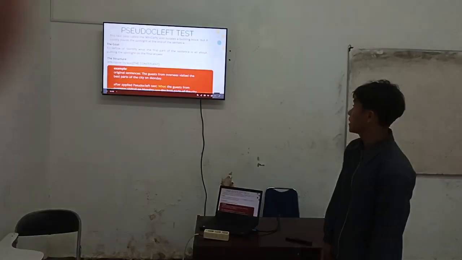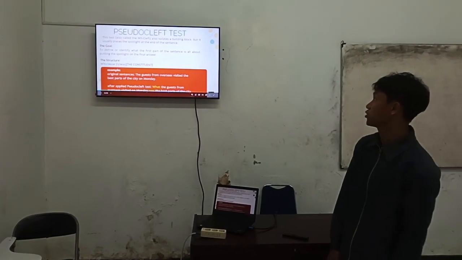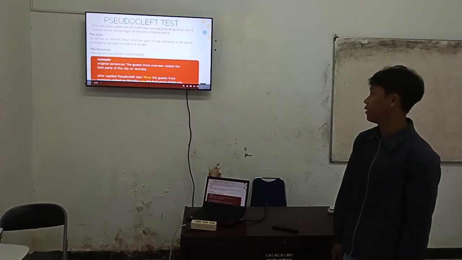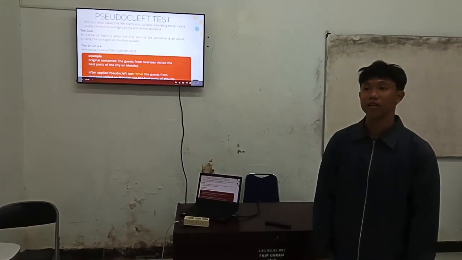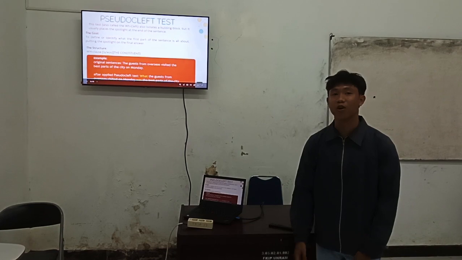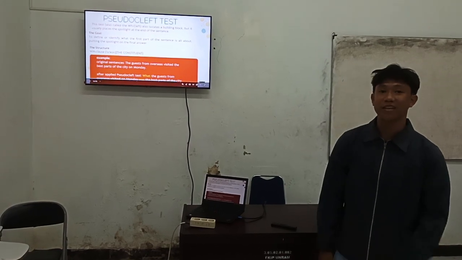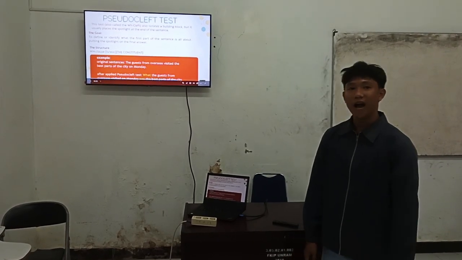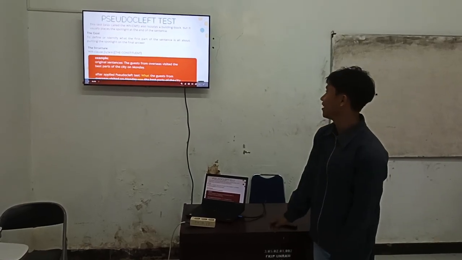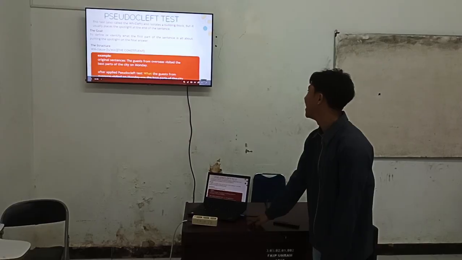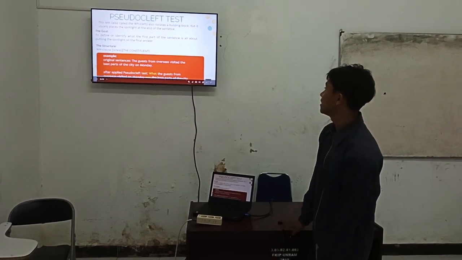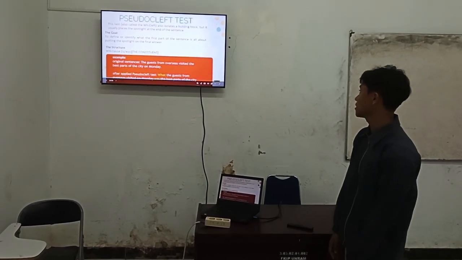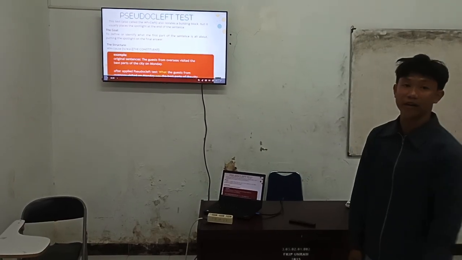The next test is the pseudo-cleft test. This test is also called the WH cleft. Why is it called the WH test? Because the first word in this sentence always begins with WH, like what, who, how, when, and so on. The goal of this test is to identify the first part of the sentence by putting the spotlight on the final answer.